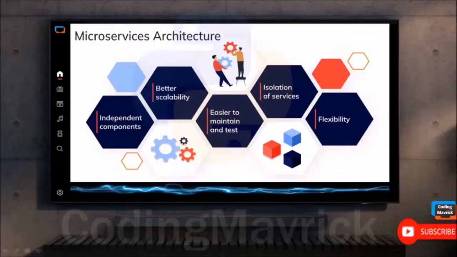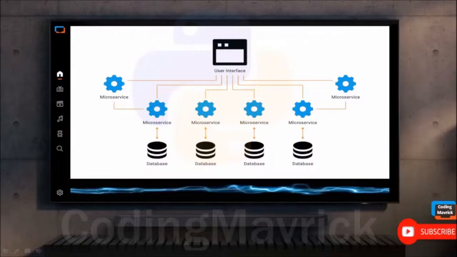Now viewers, just imagine that instead of one massive system, we split our application into small, independent services, each responsible for a single function. For example, a user service handles sign up, login and authentication only. A product service manages catalog data and inventory.